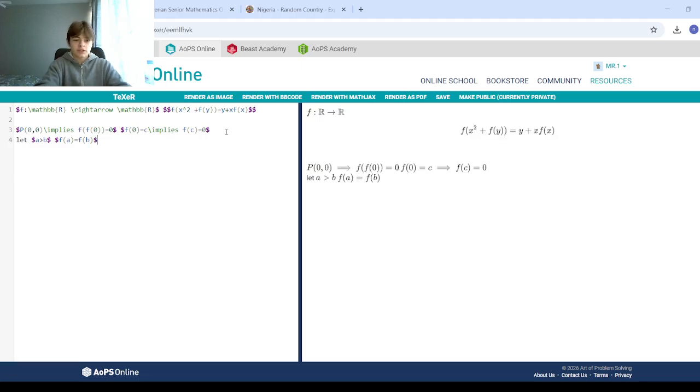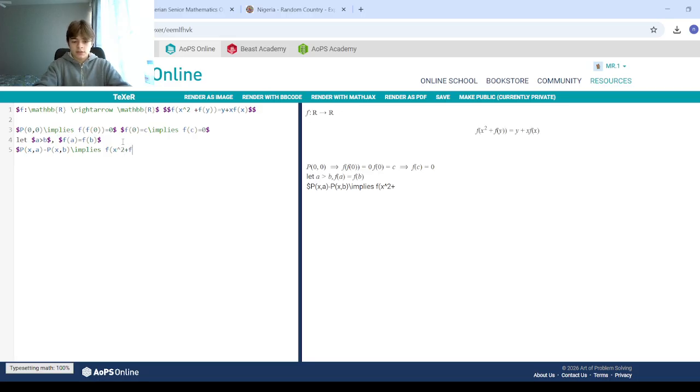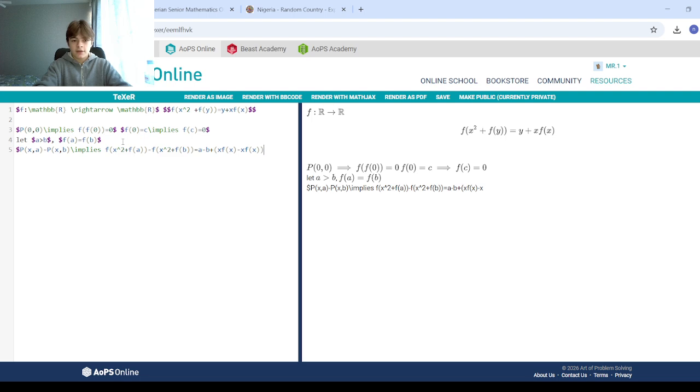Now we are trying to prove injectivity, and if we subtract these two, we will get f(x) squared plus f(a) minus f(x) squared plus f(b) is equal to a minus b plus x times f(x) minus x times f(x).